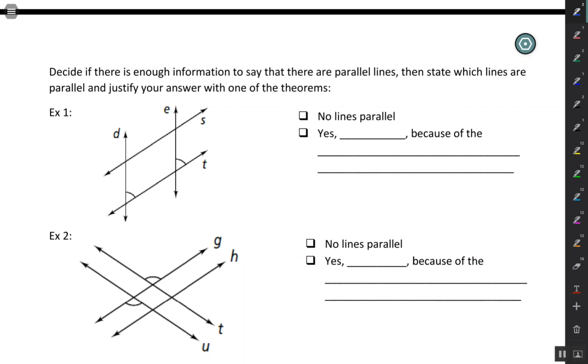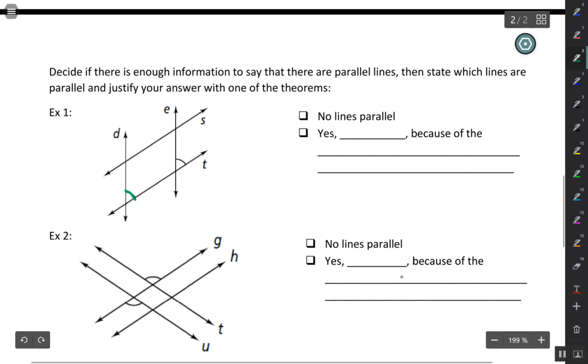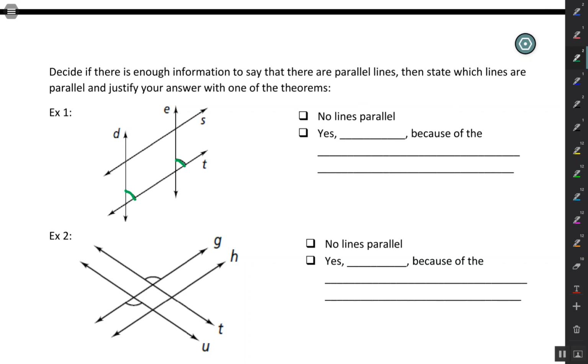Okay, so let's start with our first example here. In the picture, we can see that we are given that this angle and this angle are congruent. So those are corresponding angles.